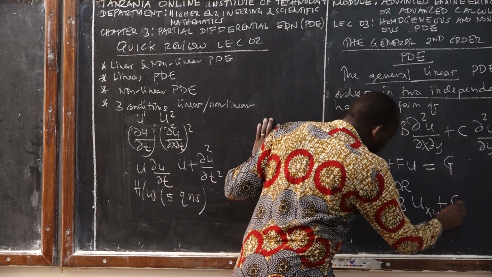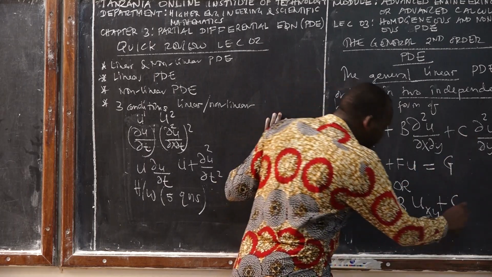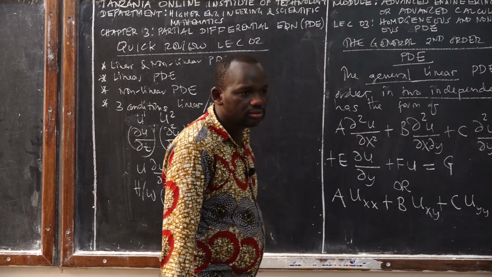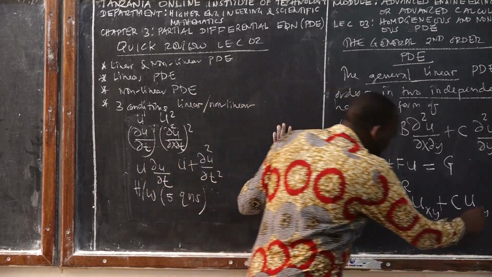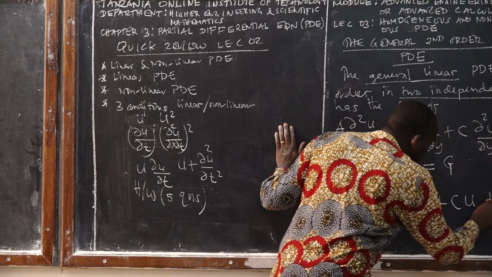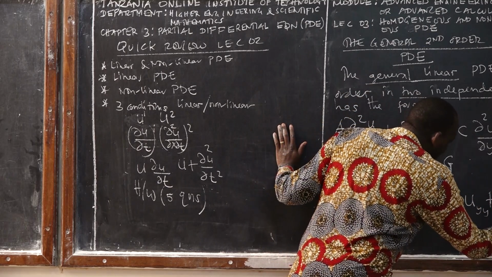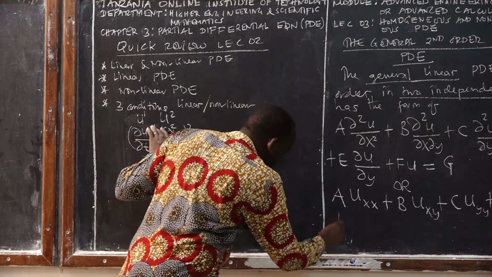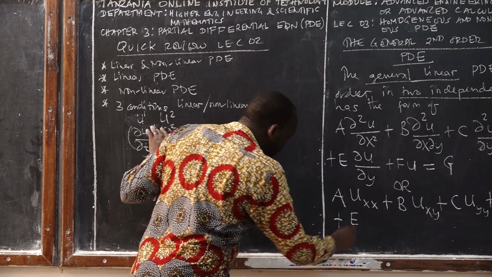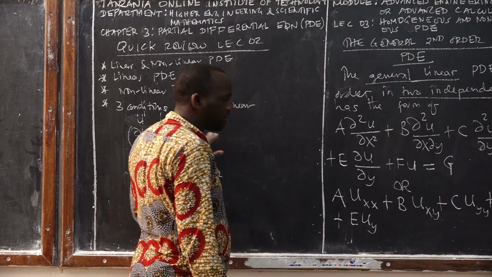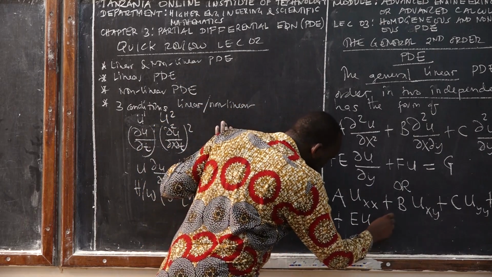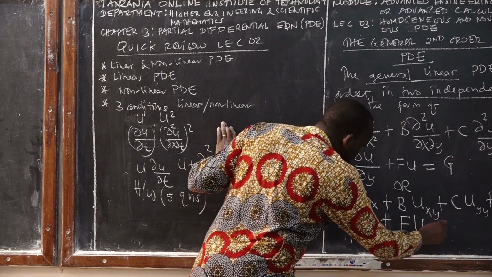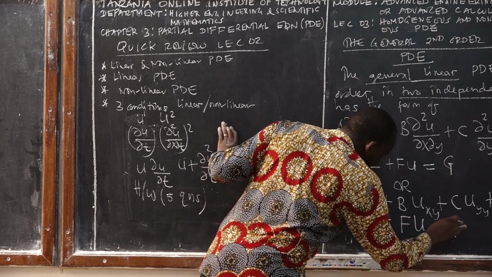Then plus another coefficient C, which we write as u_yy. Then plus D with u subscript x, plus E as coefficient with u subscript y, plus F as a coefficient with the dependent variable u. This is equal to G.